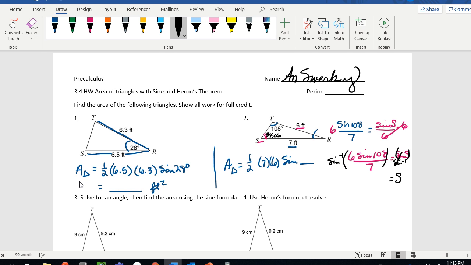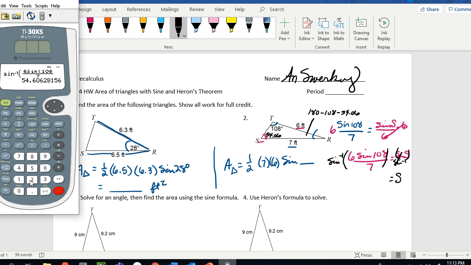So that means this one right here is 54.06. Well, then all I have to do for this angle is subtract from 180. 180 minus 108 minus 54.06. So grab my calculator again because I'm tired and I don't trust myself with numbers this late. 180, 108 minus 54.06.